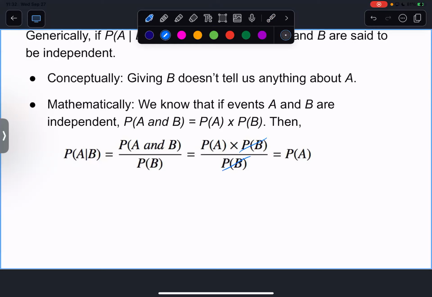Multiplying by 1 spits out just the probability of A. But this is only true, this is equal to this, if and only if, A and B are independent. Are you guys okay with logical statements like that? IFF is if and only if.